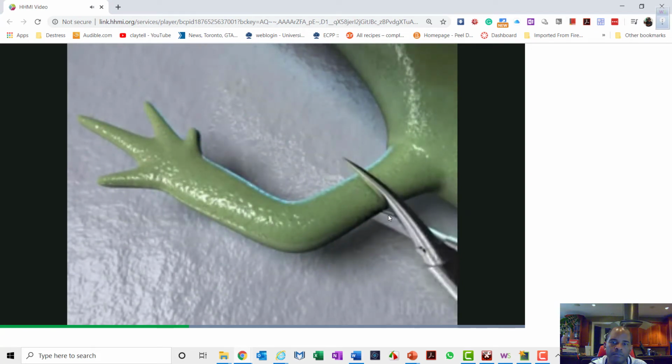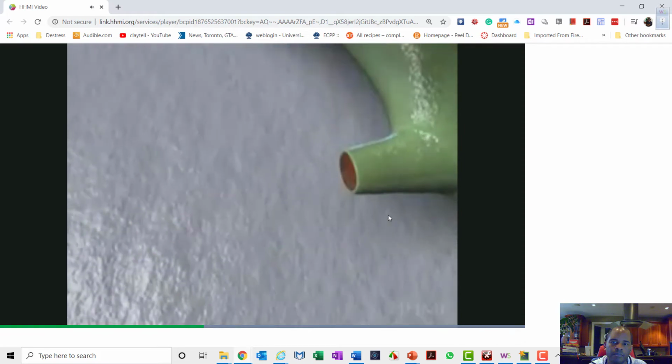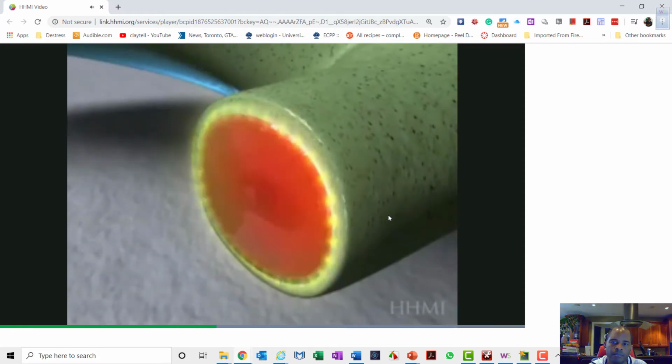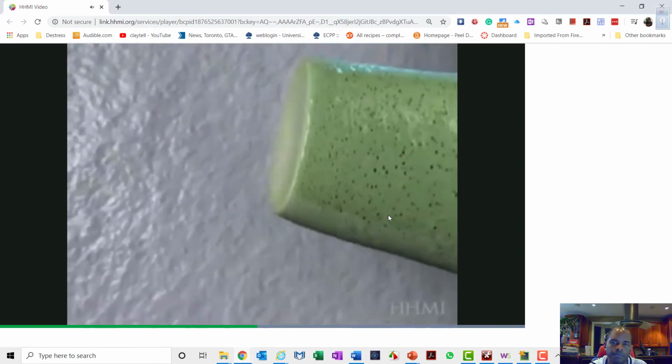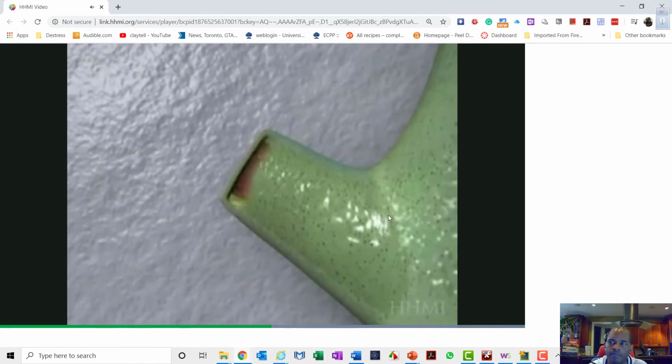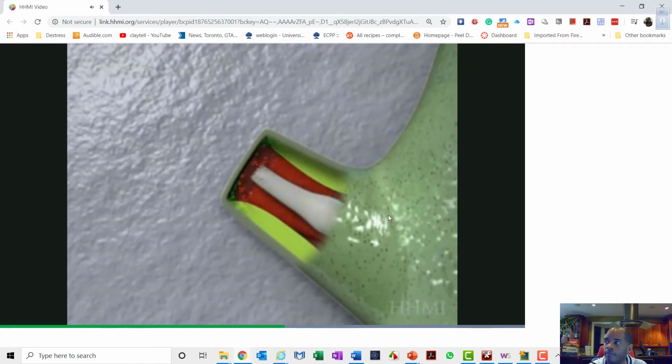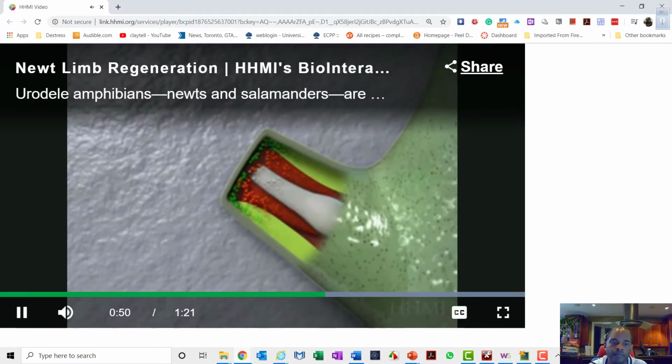In fact, it's perfect. Now we're going to cut it off. But here's the good news. It grows back. So don't be too scared. First, wound healing. Did you see that wound heal? Now we're watching what the newt can do that we cannot do. Cells are streaming out of the surrounding tissues.